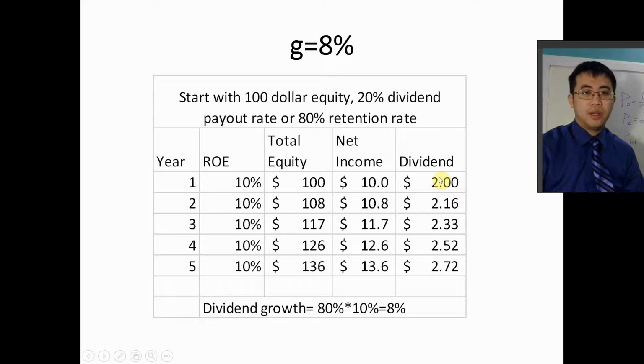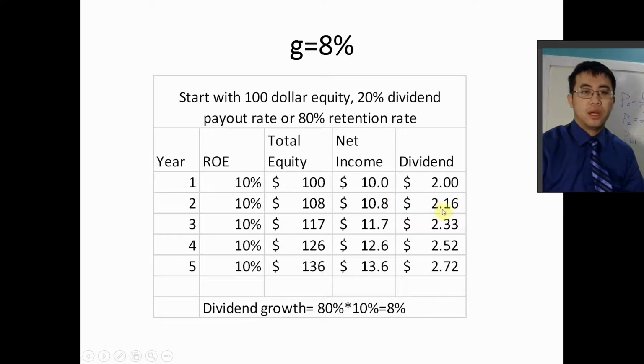But you have $8 to put in the equity for the next year. So in the next year, the equity grows to 108. Okay, $8 coming from 10 minus 2, and then you'll still make a 10% ROE, and then your profit is 108 times 10%. Your net income is 10.8, and then 80% of the $10.80 will be saved, and 20% of that would be paid as dividend.